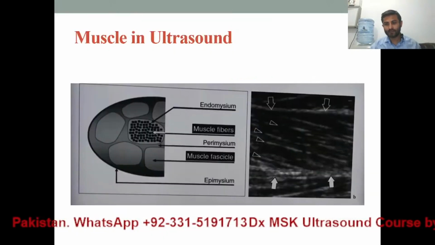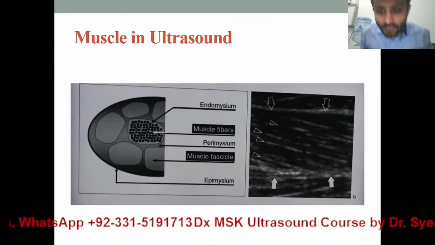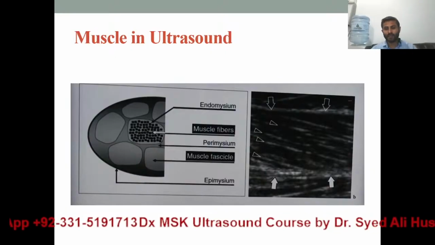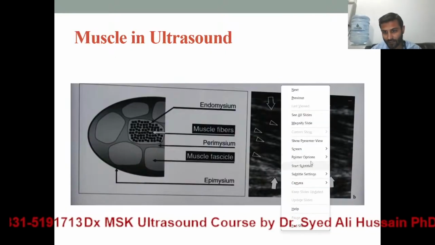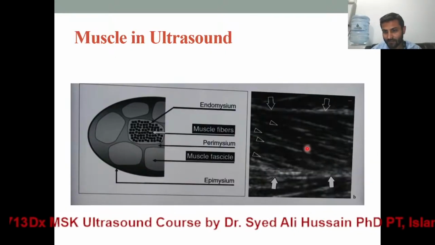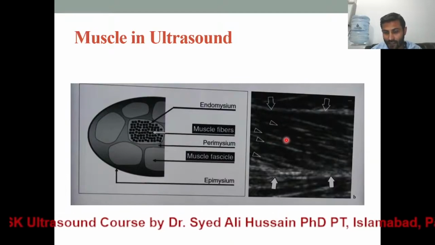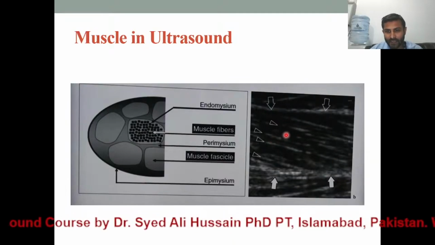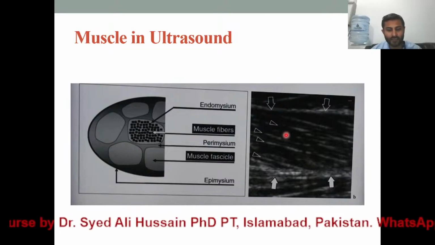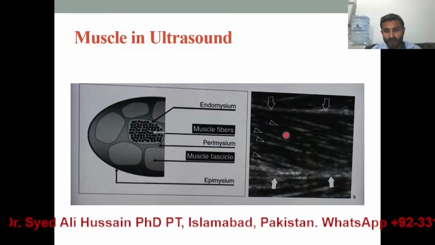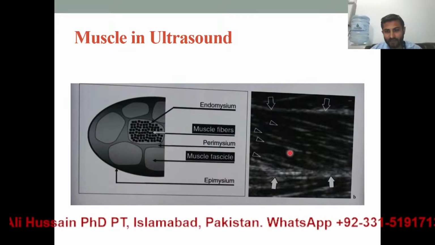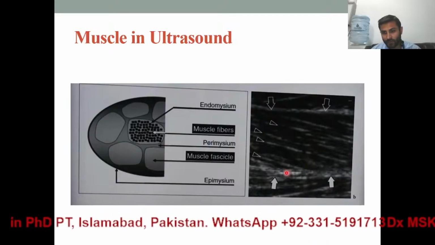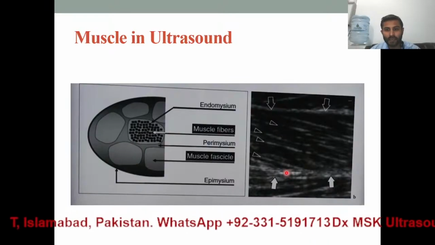Sorry guys. Okay, so these are hyperechoic lines. Hyperechoic lines are the white lines that we see on the screen. Then we have these black areas. These black areas are actually the muscle fiber itself. And then we have more bright or more hyperechoic areas.